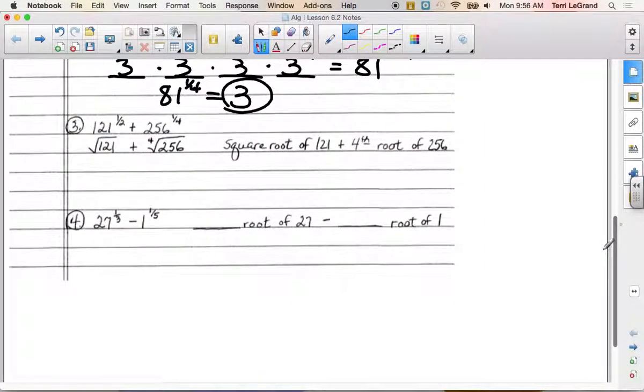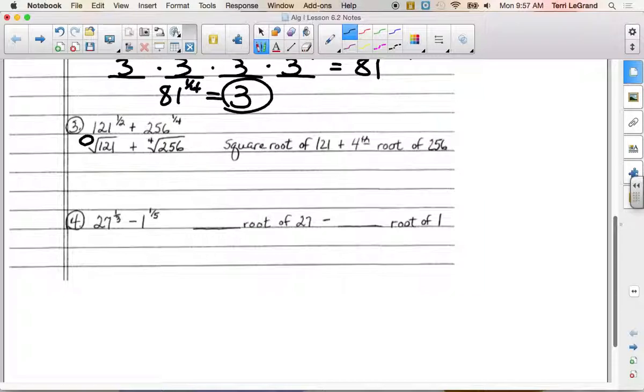Okay, let's look at number 3. We have an addition problem of rational powers here. We have rational exponents, so I just rewrote them as radicals instead. I wrote 121 to the 1/2 power, which is really asking me for the square root of 121, so I can write it with the radical sign. Now notice, there is no number written up in this area right here, is there? That's the only root that they don't ever show because it's an understood root.